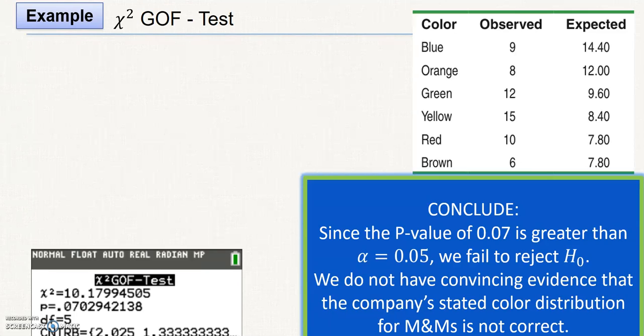Okay, now one thing I do want to tell you is this CNTRB down here. This stands for contribution, and so they might ask you at some point to look at each of the components and figure out which one contributed to the chi-square test the most.